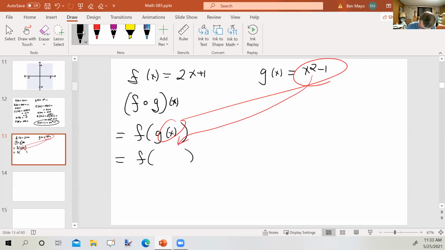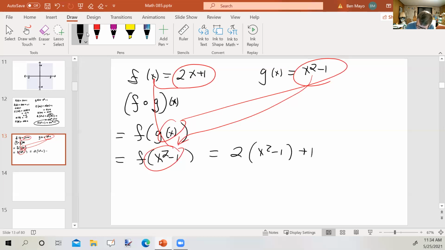So we're going to get f of x squared minus 1. Well, what are we going to do with that? We're going to take x squared minus 1 and put it in here. So that's equal to 2 times x squared minus 1 plus 1, which is 2x squared minus 2 plus 1, or 2x squared minus 1.